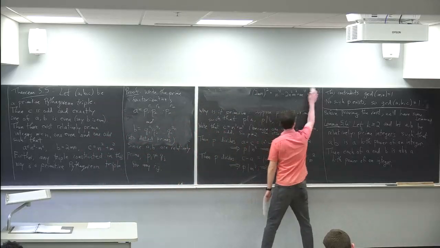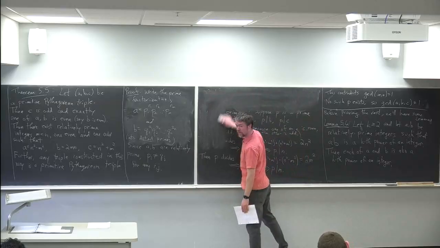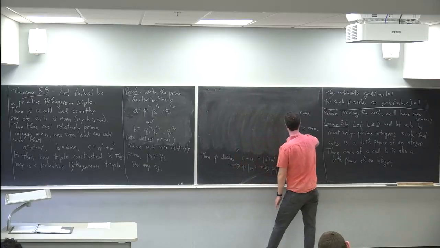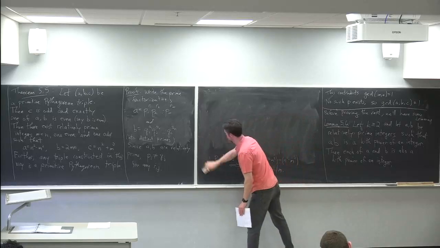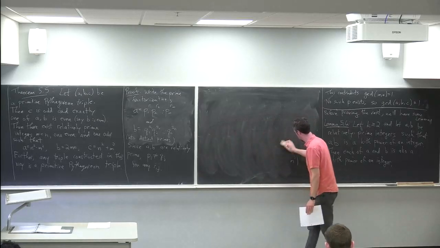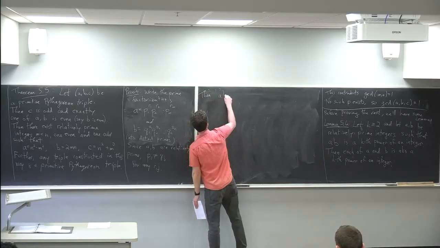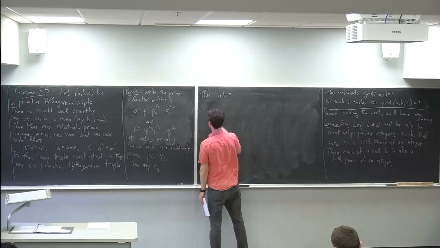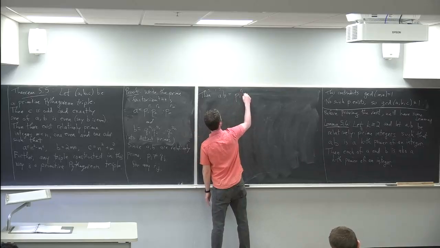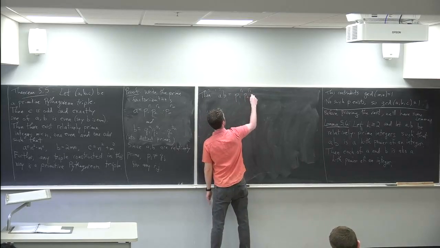So the point to quickly follow here is that when you multiply A with B, and look at it from the prime factorization perspective, here you have this.